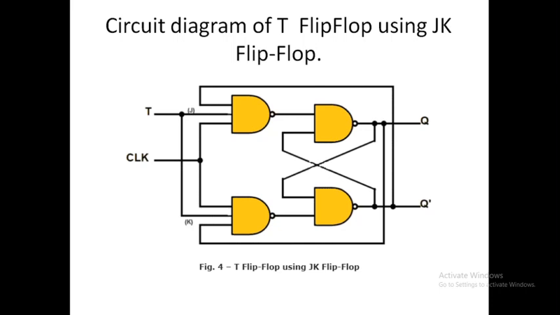If the T input is in 1 state, that is J and K both are 1, prior to the clock pulse, the Q output will change to Q bar with the clock pulse. We can conclude that if T equals 1 and the device is clocked, then the output toggles its state.